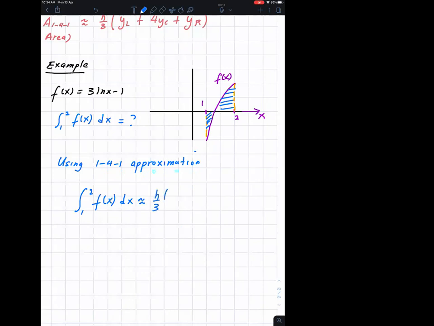The formula is h/3 multiplied by (yl plus 4yc plus yr). YL corresponds to the left endpoint, yc to the center point, and yr to the right point.